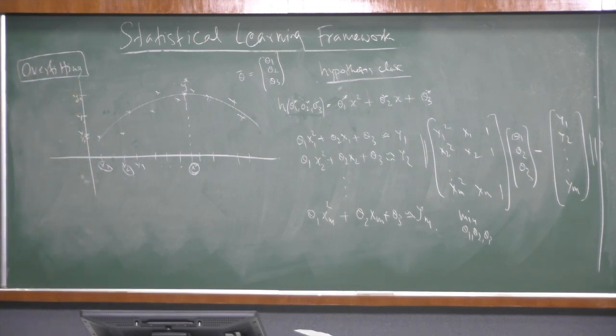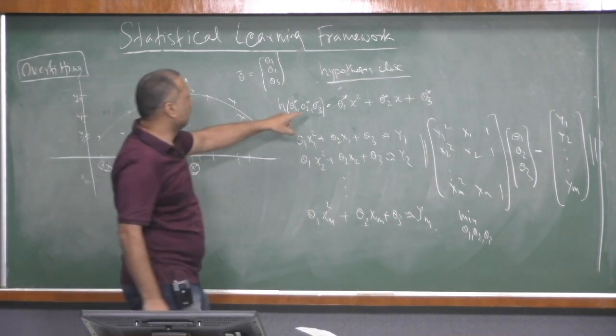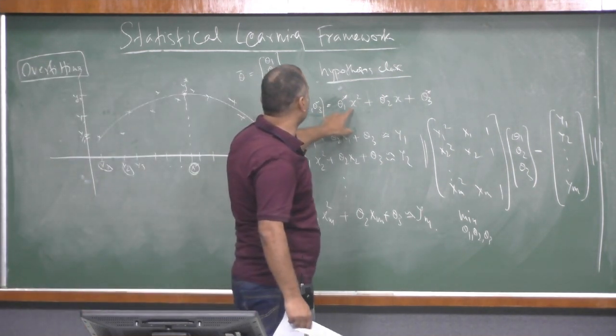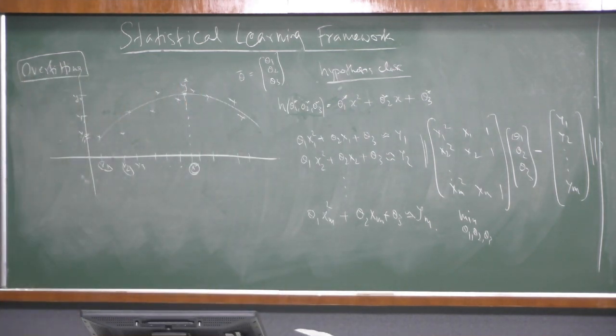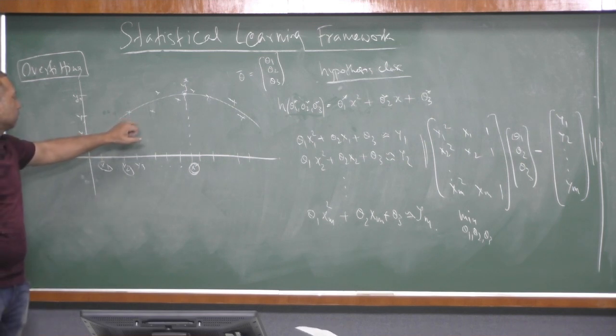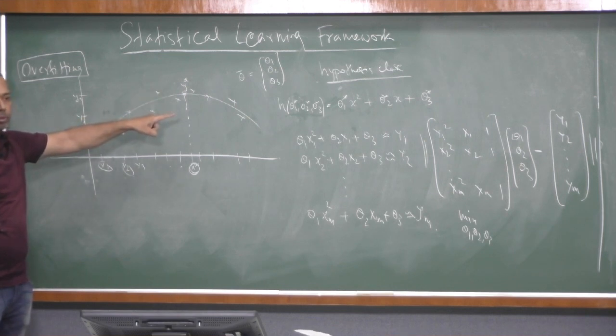Now I told you that I want to explain overfitting in this framework. So how can overfitting happen here? If I start memorizing. Like the previous example, what did it tell us? Memorization leads to overfitting. How can I memorize? I go hard with training, right? How can I really go through all the points?